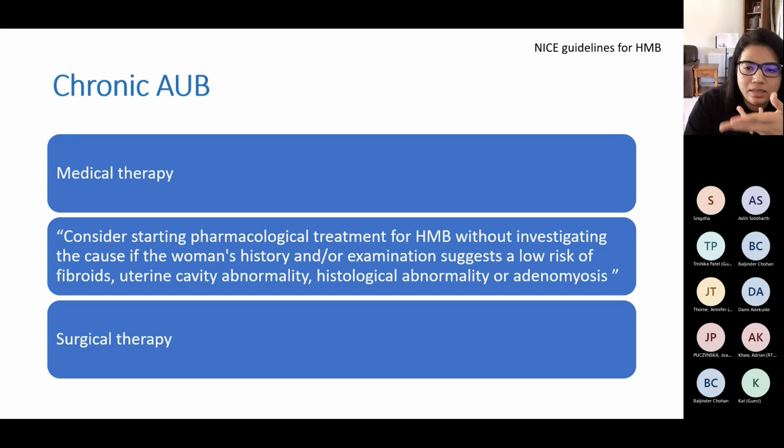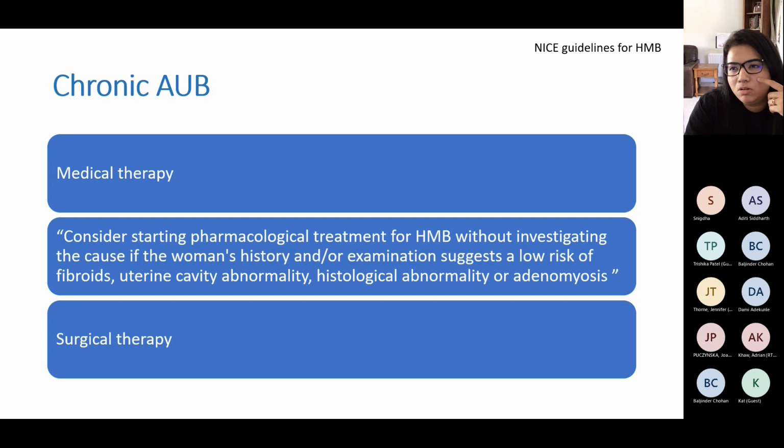Non-hormonal, if they want to get pregnant, then non-hormonal options are TXA and mefenamic acid if there's also pain involved with heavy bleeding. Hormonal, if they don't want a Mirena put in, then hormonal options are combined oral contraceptives and the progesterone-only pill. Now, if your scan has said to you that you've got a fibroid that's more than 3 centimeters, you can pretty much offer all of the above except the Mirena.